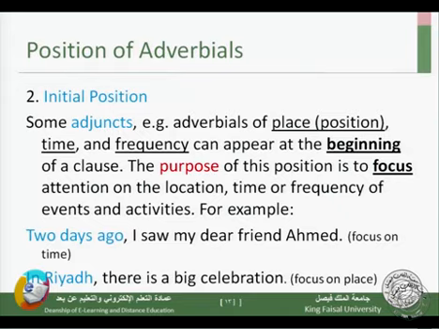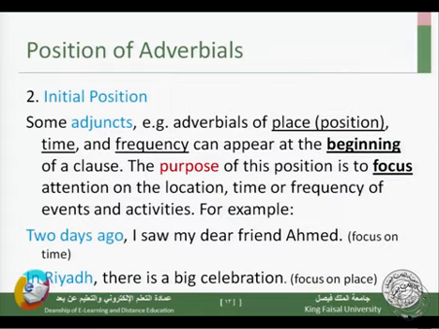Look at this example here. 2 days ago I saw my dear friend Ahmed. 2 days ago, here we are focusing on time. In this case, we took the adverbial of time from the end and put it at the beginning to draw the attention of the listener to the time. So the time is important.